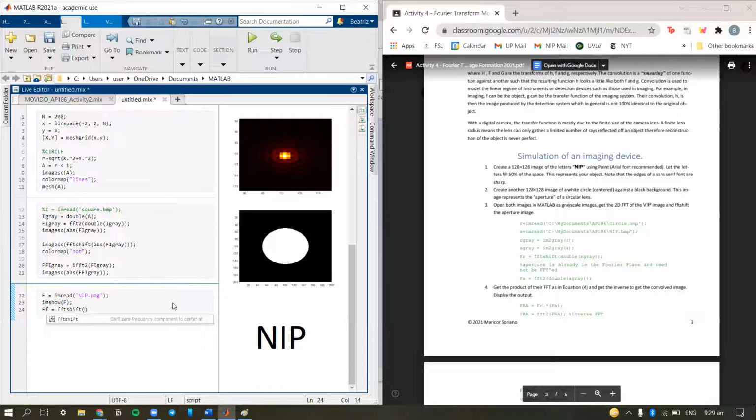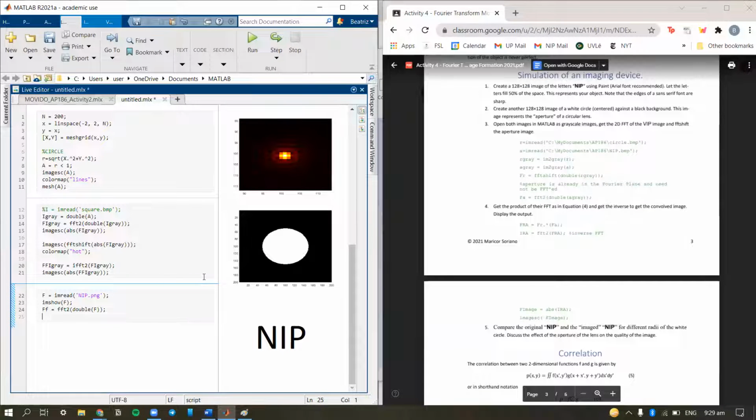FFT shift, FFT2. Oh. Okay. Do I make it double? That's all right. Double, yes, correct. Kasi it's, yeah, semicolon. We don't need to see it. We don't need to run it yet. That's fine. Relax. What's next that's needed to be done? Sabi dyan, okay, so when we run the circle upstairs, we have the aperture.